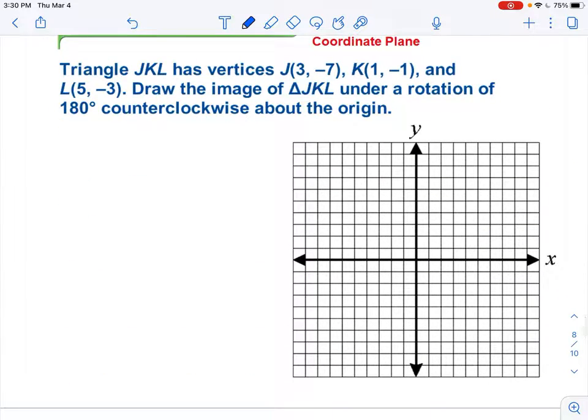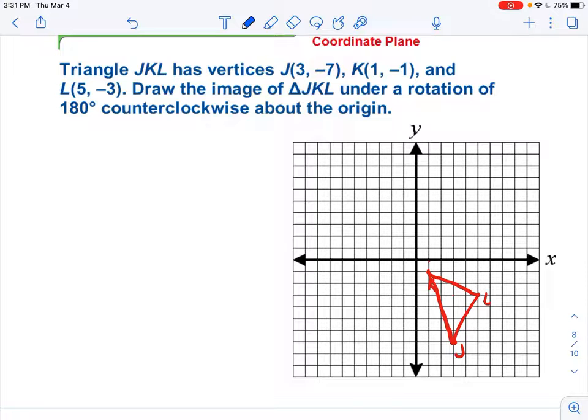We have 2 more examples. This time we have a 180-degree counterclockwise. JKL has vertices. J is (3, -7). K is (1, -1). And L is (5, -3). We'll go ahead and connect the dots. And since we're rotating about the origin 180 degrees counterclockwise, we know it should be in this quadrant.